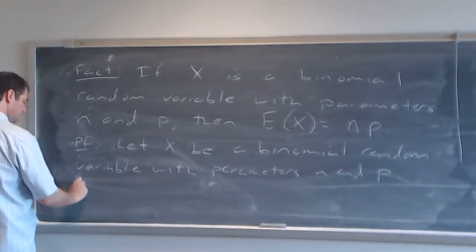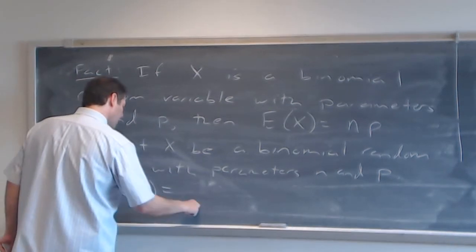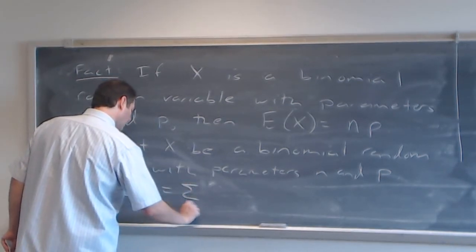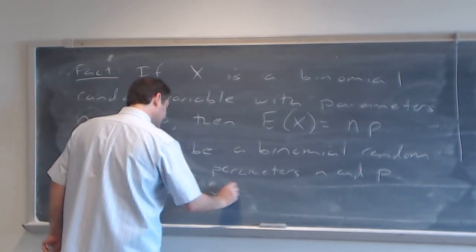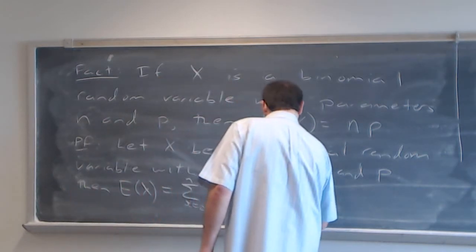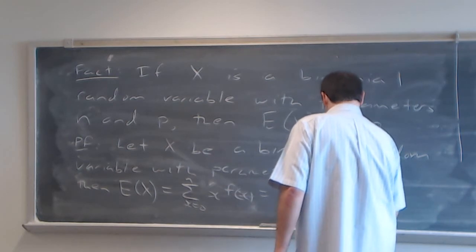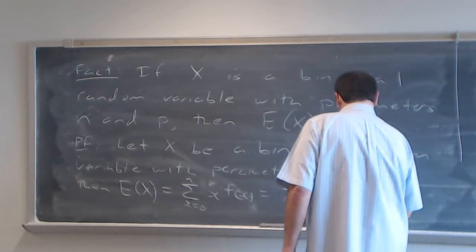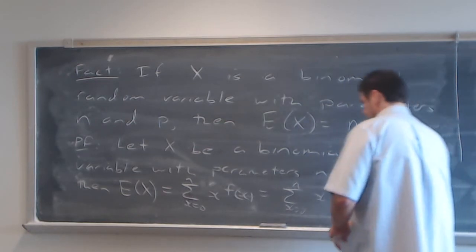Then the expected value of X, well, it's the sum over all output values, 0 to n, of x times f of x, which is equal to the sum over all x values, x running from 0 to n, of x times n choose x, p to the x, 1 minus p to the n minus x.